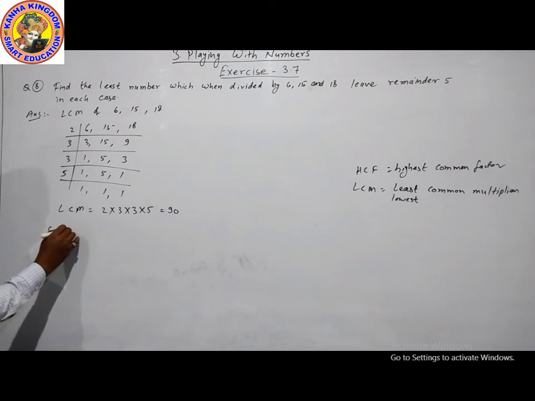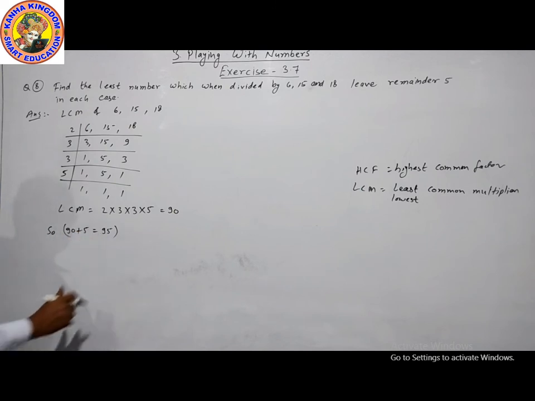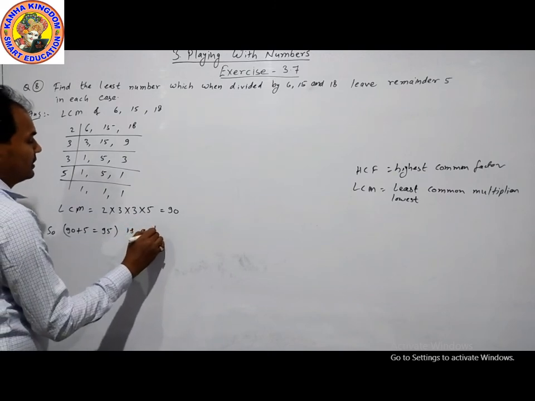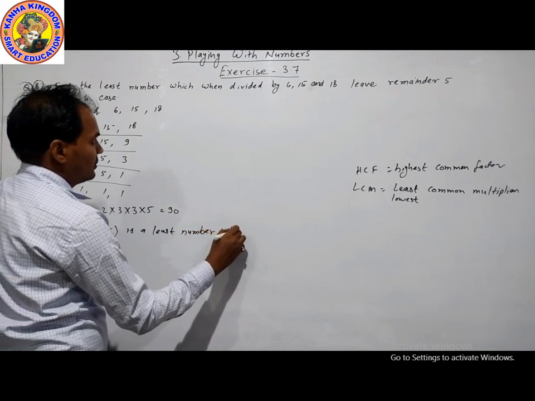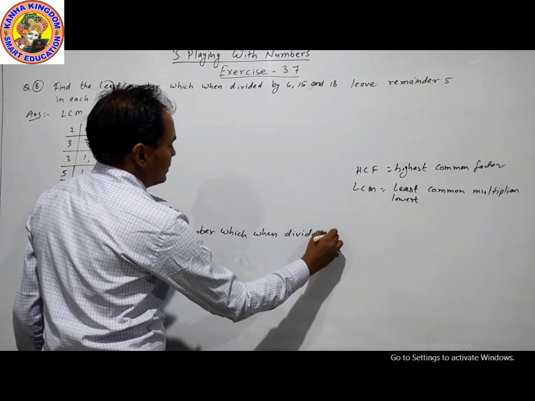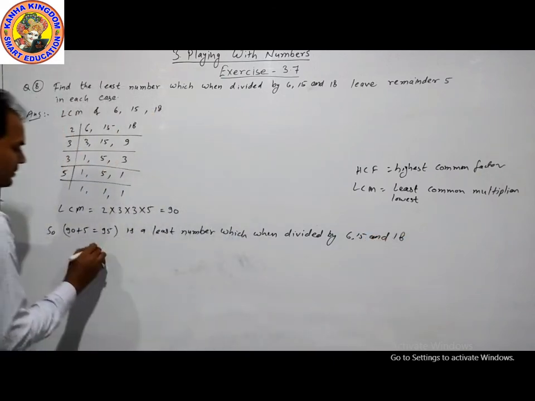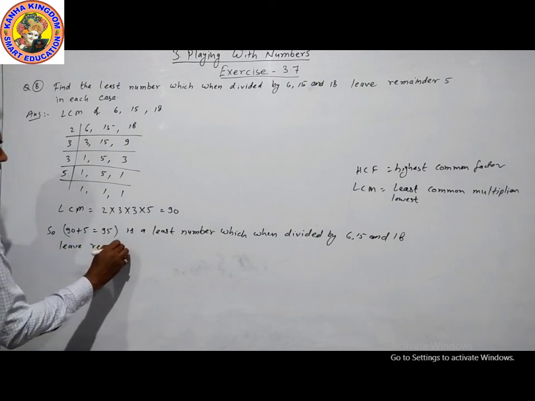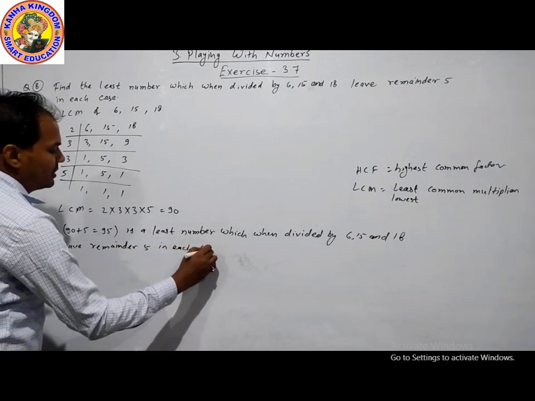So 90 plus 5 is equal to 95. 95 is the least number which when divided by 6, 15 and 18 leaves remainder 5 in each case.